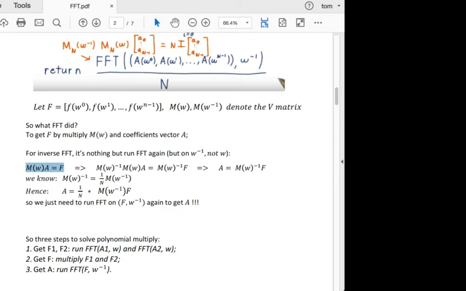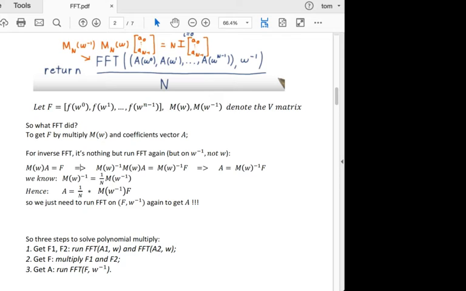Here is the Vandermonde matrix multiplied by the coefficients, and we can get the result. For the FFT part, our goal is to get F, but in the inverse FFT, we have F and we want to get A. So here is the proof of how to transform this formula to this formula.